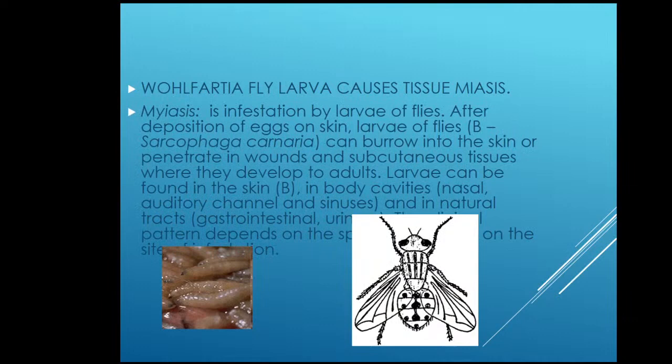The next medical importance of flies: some flies are the causative agent of myiasis. Myiasis is a group of disorders caused by larvae of flies. Please remember this. Myiasis are disorders caused by larvae of flies.